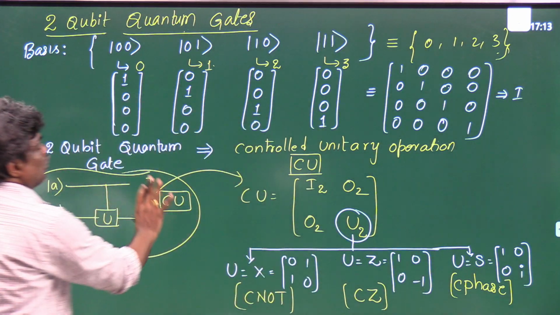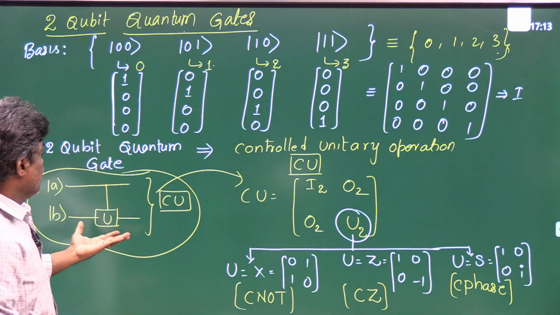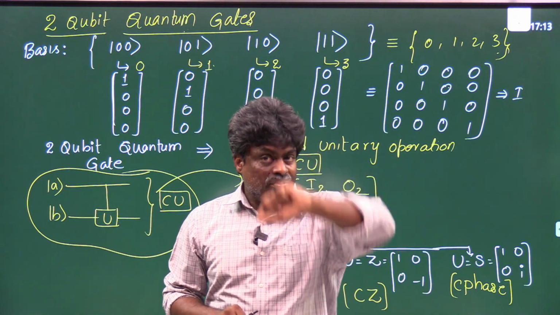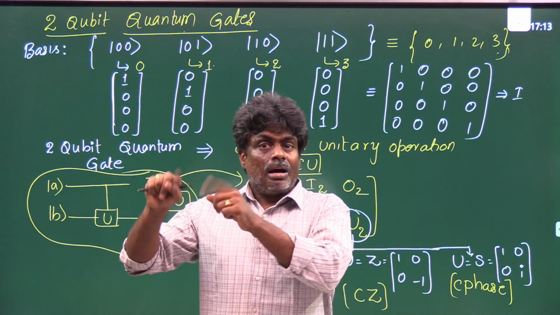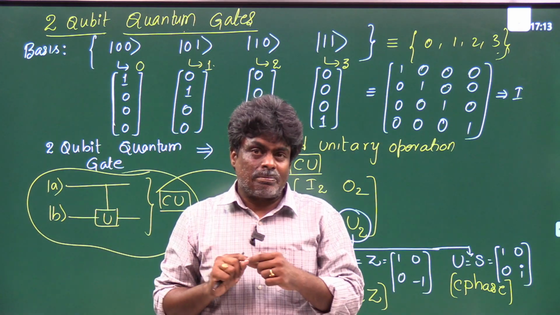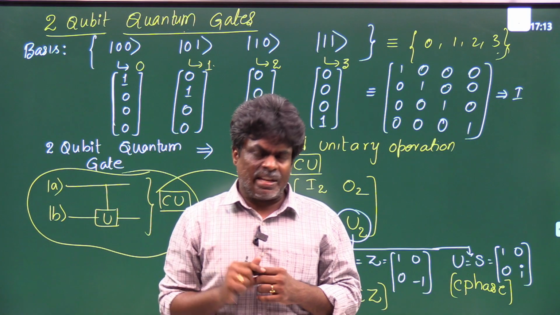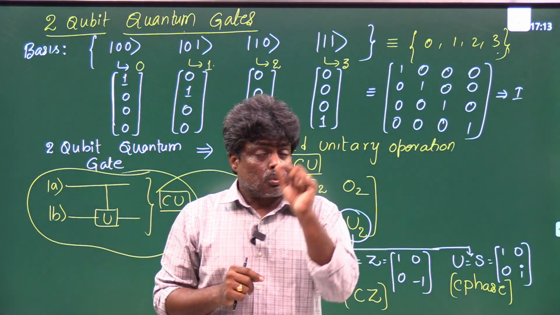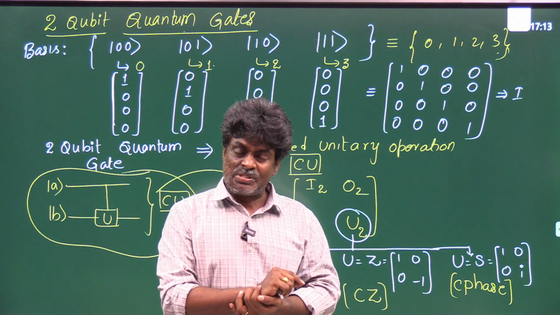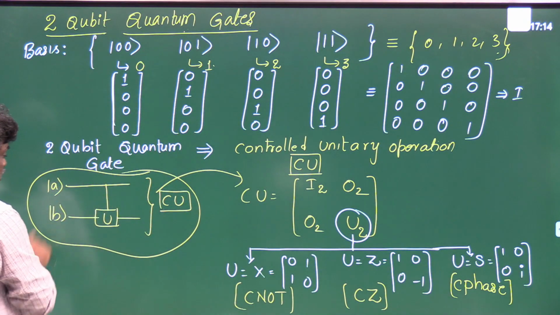So here I have given a notation only. How it operates I didn't explain. I will explain, first try to understand. Single qubit quantum gates are given by e raised to i alpha R n cap of theta. Simply we replace that n cap and change the angles, and we get all single qubit quantum gates. Now the two qubit quantum gates are represented by controlled unitary operations, with this representation of the two qubits.